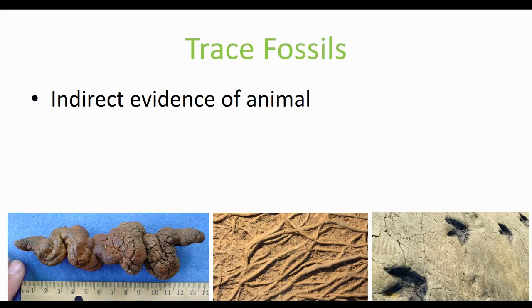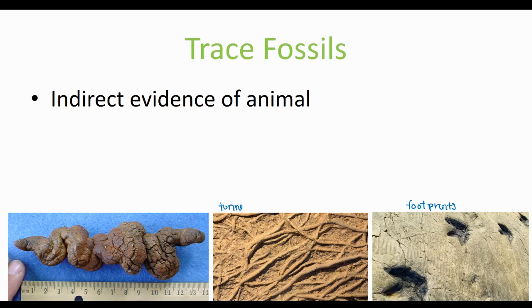A trace fossil is a very cool type of fossil. It is indirect evidence of an animal. So these are things like worm trails, the footprints we have here. Tunneling burrows.